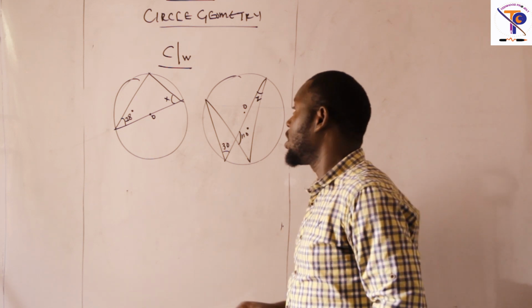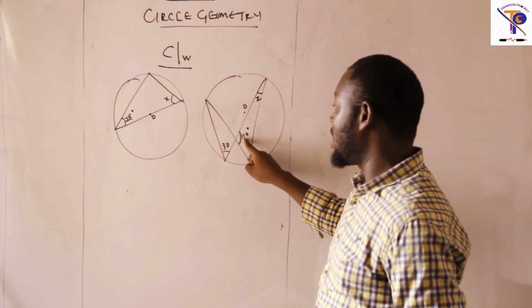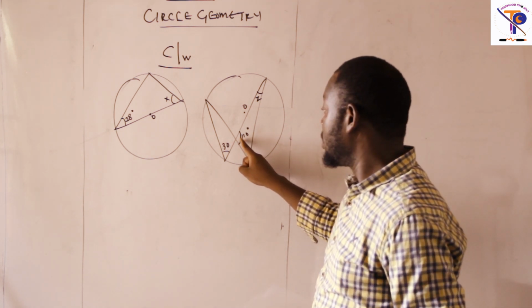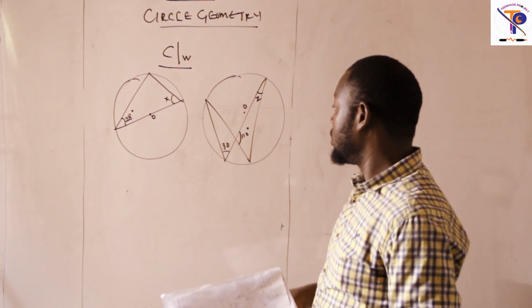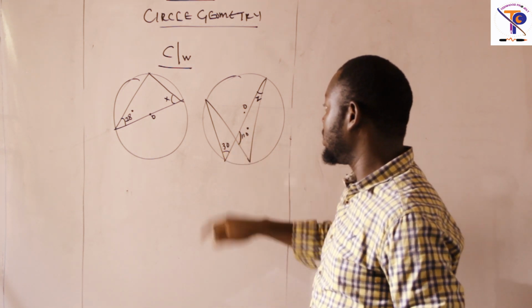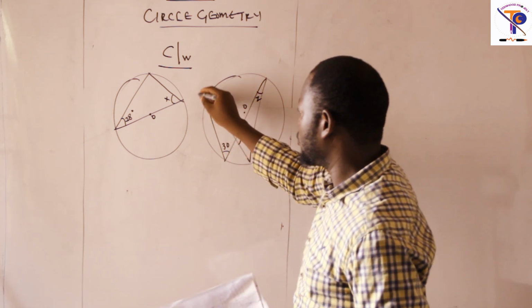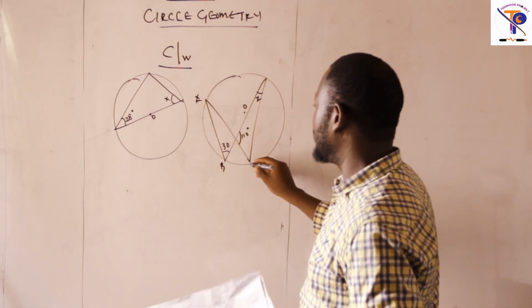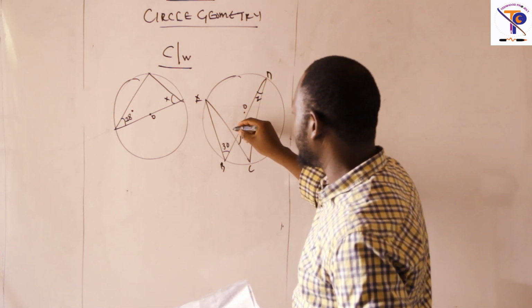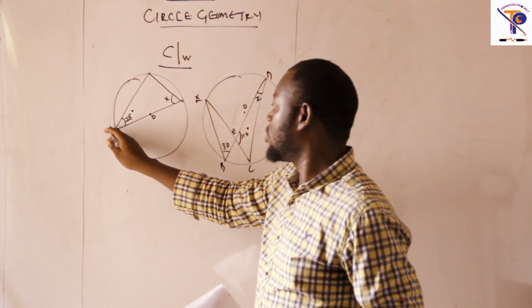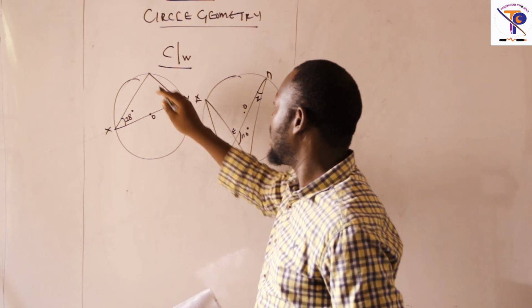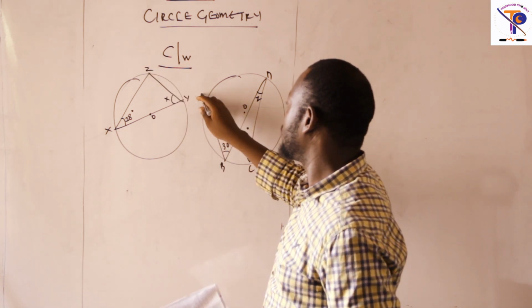Let's see how you can do that. This angle is 110, this angle is 30, and this angle is Z. You can label it if you want. I can call this one A, B, C, D, and this one E, and I can call these X, Y, and Z.